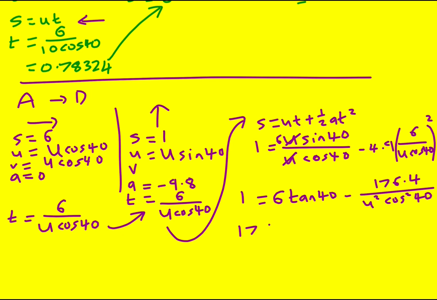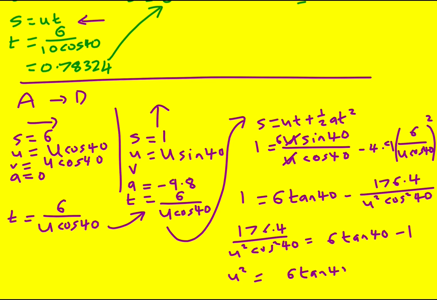So 176.4 over U squared cos squared 40 is going to be 6 tan 40 minus 1. I can times by cos squared 40. At this point you might just want to put some of these in your calculator, but I'm actually working exact at the moment.